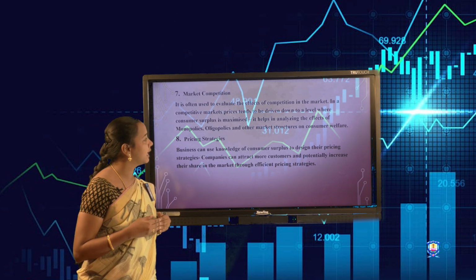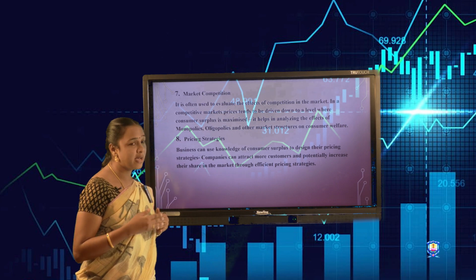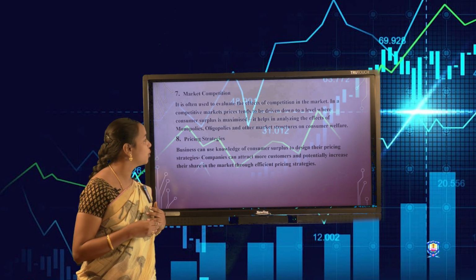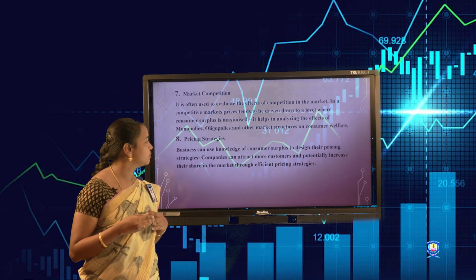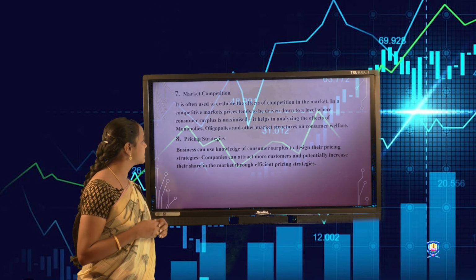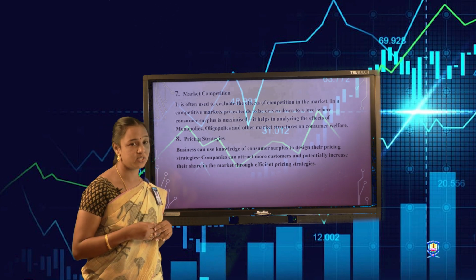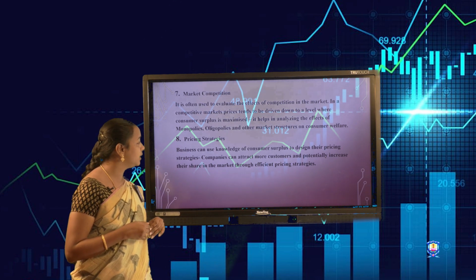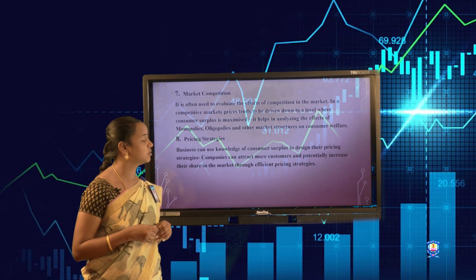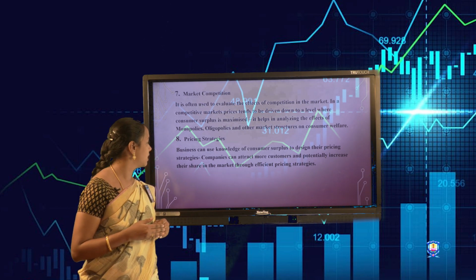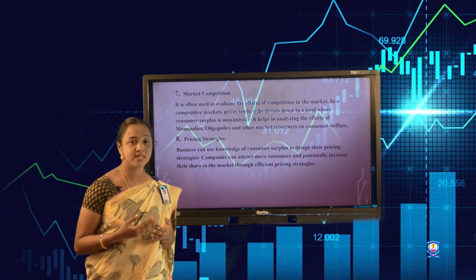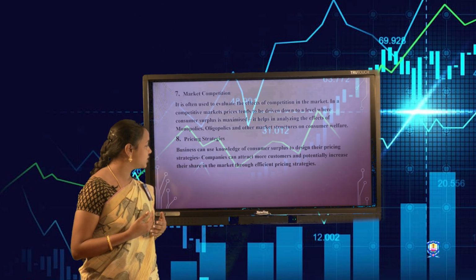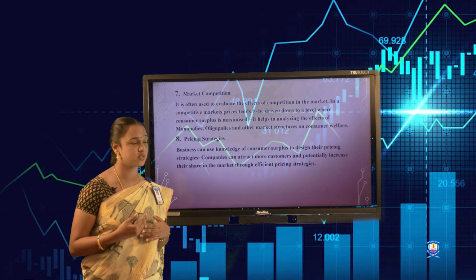It helps in analyzing the different market effects like monopolies, oligopolies and other market structures on consumer welfare. Last important thing is pricing strategies. Businesses can use knowledge of consumer surplus to design their pricing strategies. Companies can attract more customers and potentially increase their market share through efficient pricing strategies.